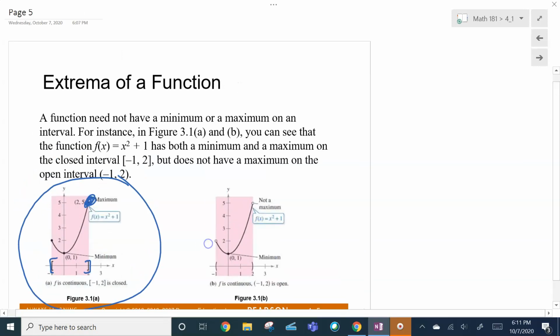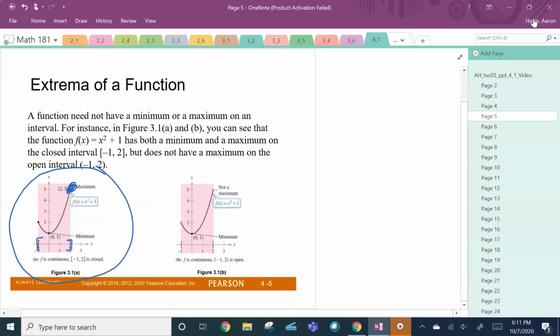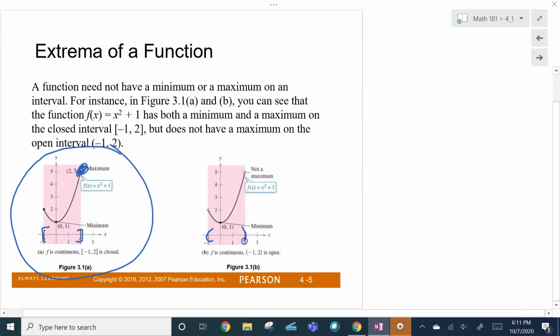Now, if it's opened up, this is open from -1 to 2. This is not including that point, so there's no highest point, so this is not a maximum. If you think about it, we have the point 4.9, but there's another y value higher than that, 4.99.